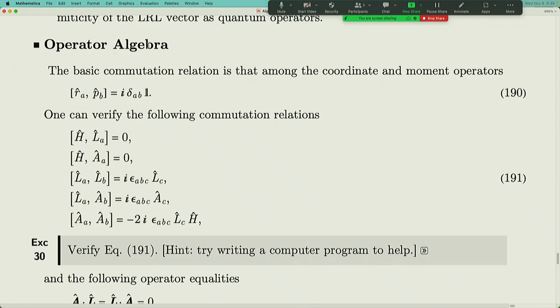Because remember, if you still remember the Heisenberg equation of motion, for any operator, the time derivative of this operator is basically given by the commutator of the Hamiltonian and that operator. So if the Hamiltonian and the operator commute, that means this operator has no time derivative. Any questions?